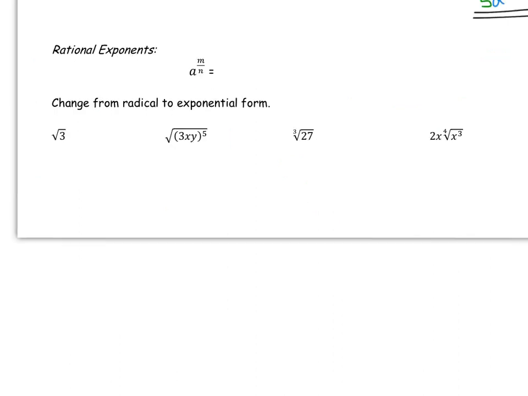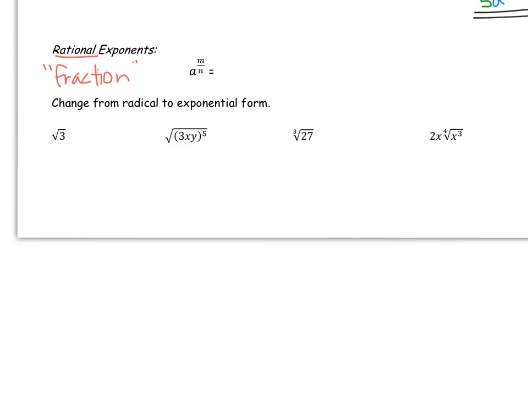Let's take a look at our second objective, dealing with rational exponents. Rational is just another word for fraction. If you have a base with a fraction exponent like a to the m over n, that is going to involve a radical. And a radical is just a square root symbol.